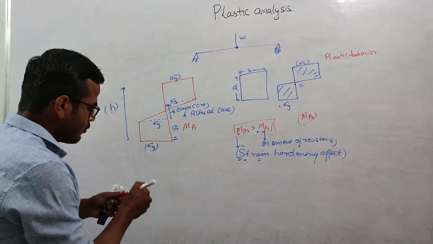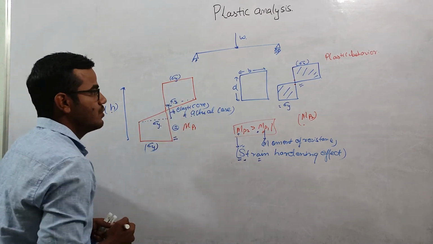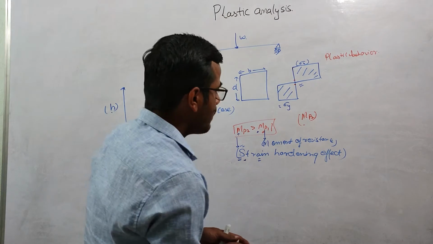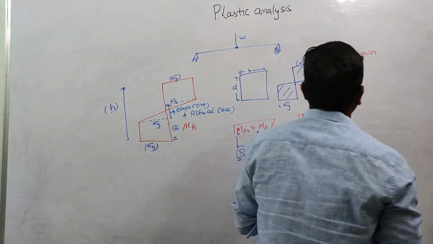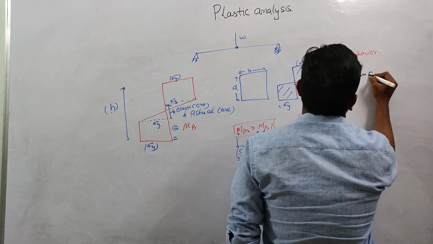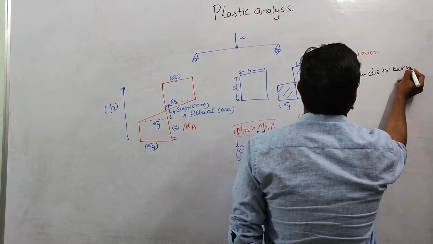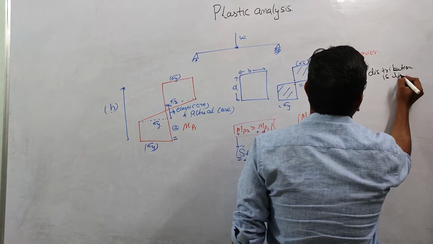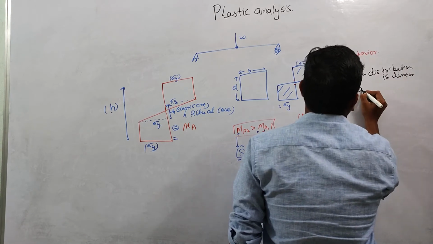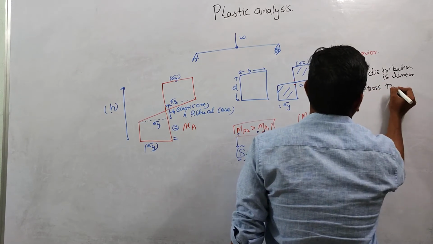And why did we conclude that there will be some elastic core in the cross section? In our analysis, we assume that the strain distribution is linear across the cross section.